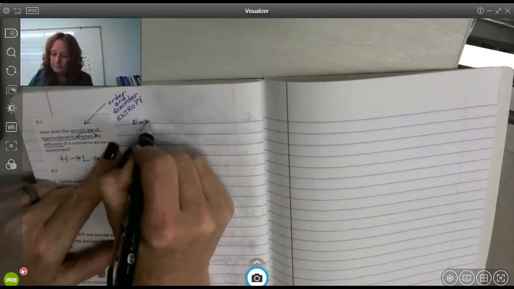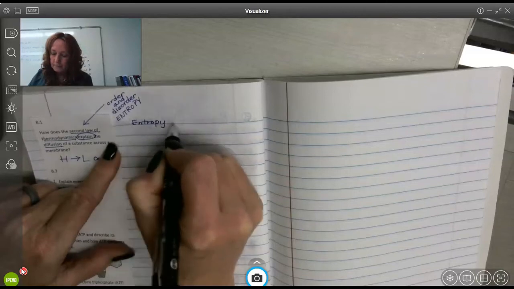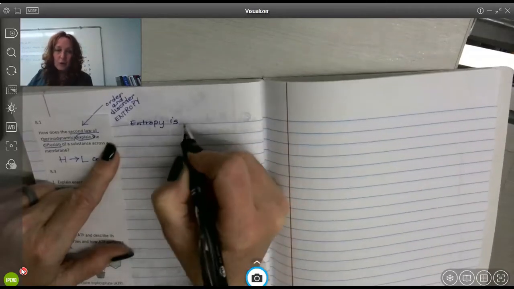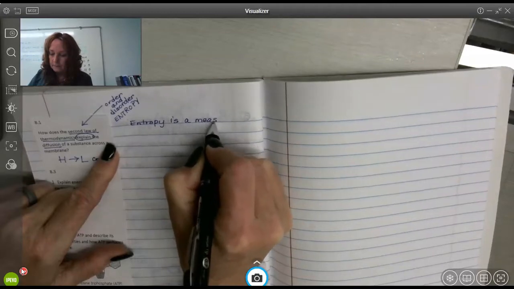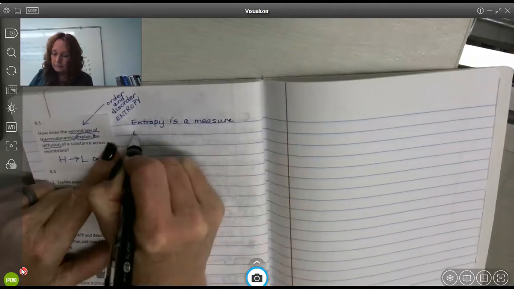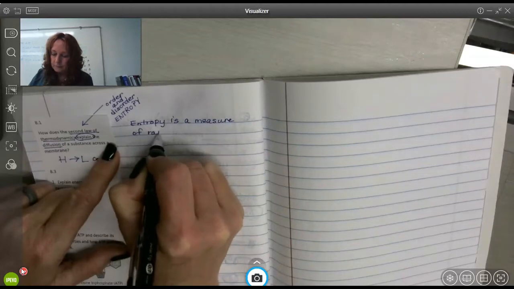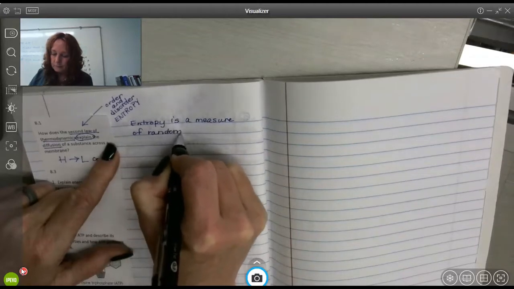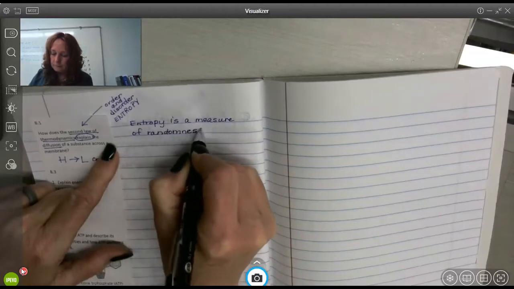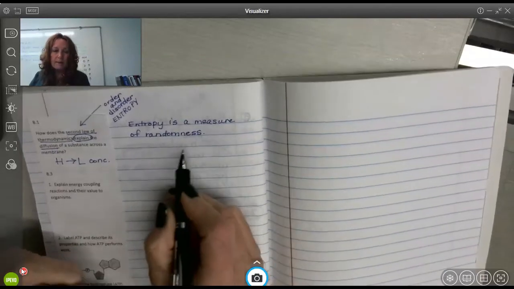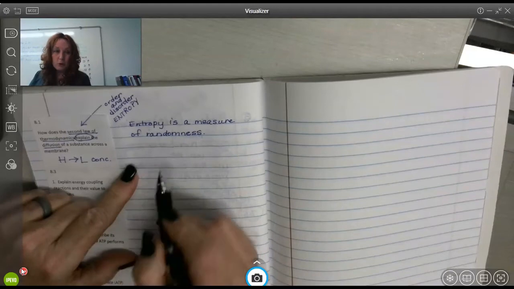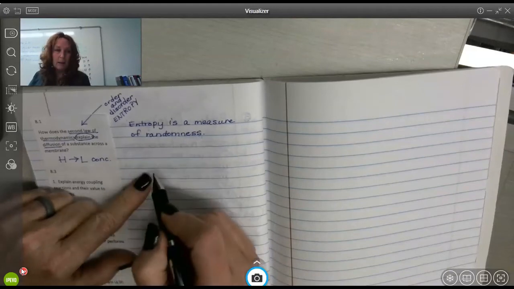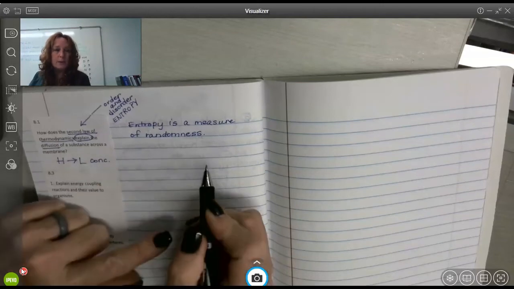Entropy is a measure of randomness. So we've talked about this before when I told you, okay, picture your room, don't pick it up for an entire month. It's going to move toward disorder.